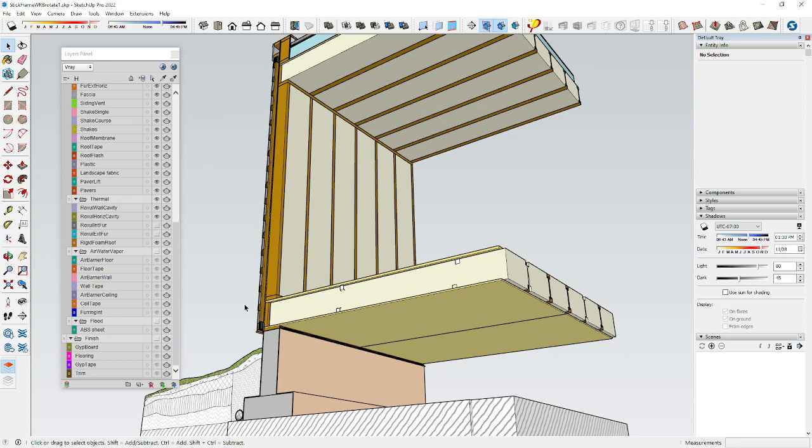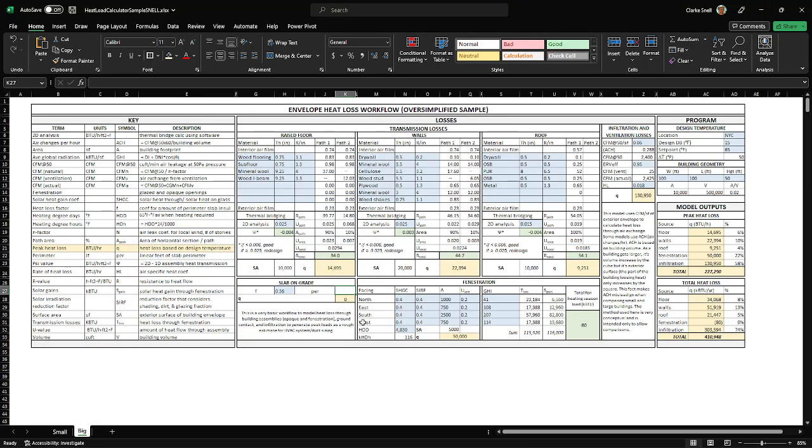But if I did have a slab on grade, then I could use this really basic method. There are constants based on how much insulation you have underneath the slab or on the outside perimeter of the slab. So you use a perimeter. If I put in 100, I don't even know what the perimeter is, I can get a Q value here, right? And that would add into these. I'm not going to do that. Just letting you know that's why that's there, and you could use that if that's the case for your building.